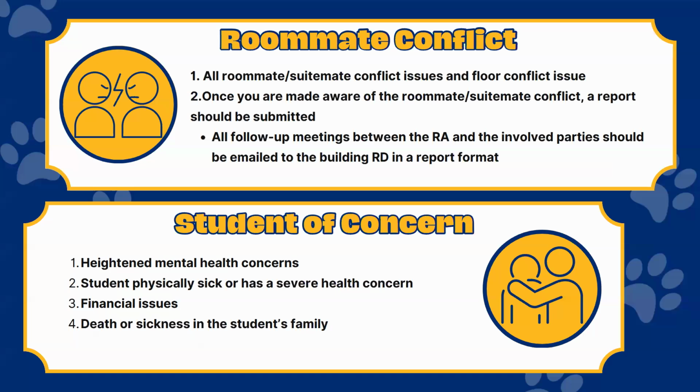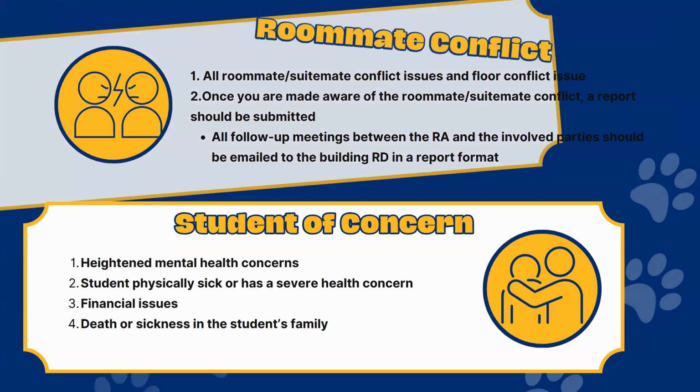Student of concern reports should be submitted if there is concern for a student's mental health, if a student is experiencing a medical emergency or has a severe health concern, a student is experiencing financial issues, or there is a death or sickness in the student's family. If you are not sure if you should submit a student of concern report, please ask your RD.